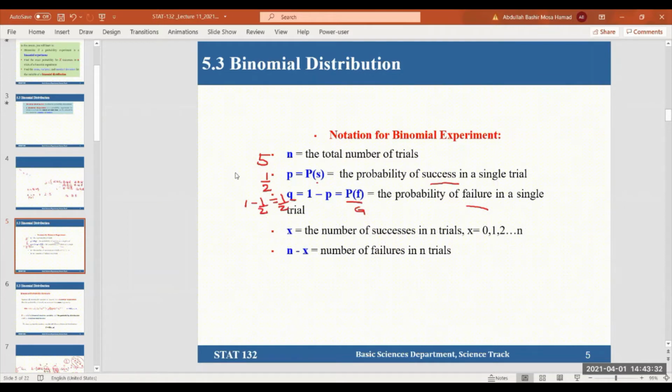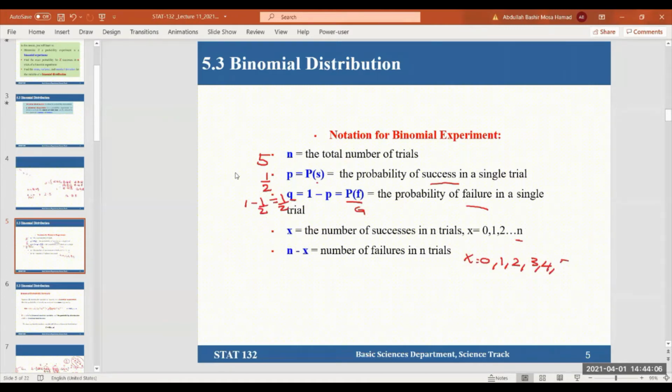Now, the question is: what is the number of successes? If we are talking about a family of 5, then our success is getting a boy. The number of successes equals 0, 1, 2, 3, 4, up to n. In our example, maybe no boy, so success is 0. Maybe 1 boy, number of successes 1. 2 boys, number of successes 2. 3 boys, 3. 4 boys, 4.